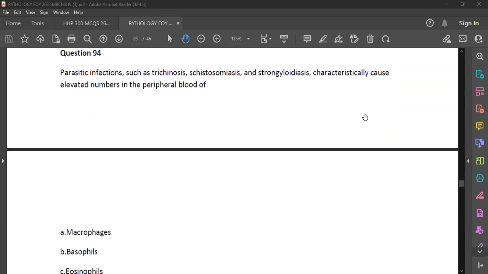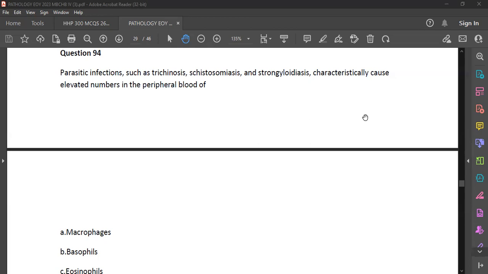All right. So parasitic infections such as trichinosis, schistosomiasis, strongyloidiasis characteristically cause an elevated number in peripheral blood of eosinophils. I think we talked about this one.